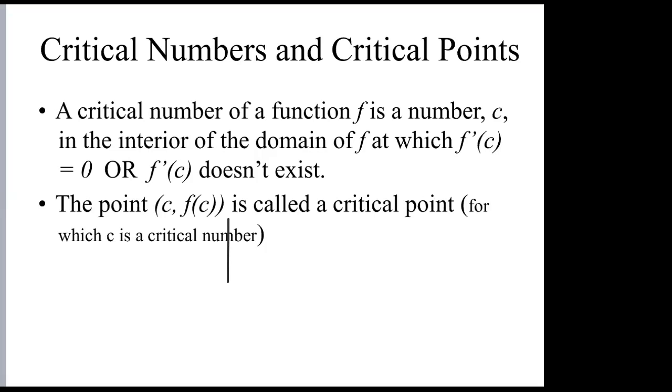Well, I take that back. They're not quite the same, but they're close. They're related. Critical numbers are those numbers where the derivative f prime is equal to 0 or the derivative does not exist. If I want to find the point at which this happens, so this is the xy pair, this is called the critical point, for which that x value c is the critical number.